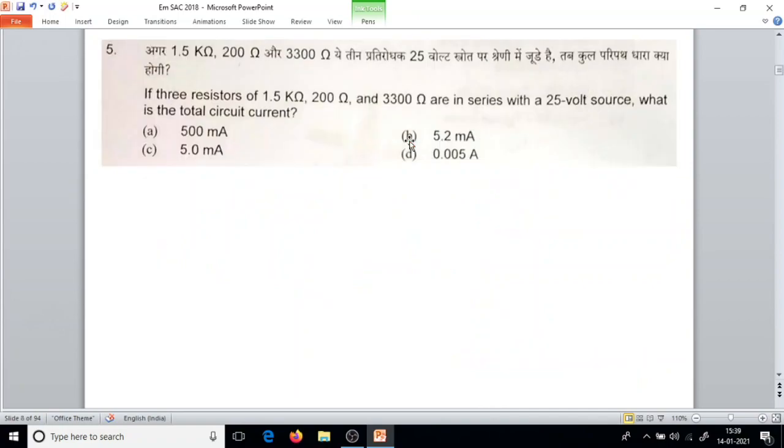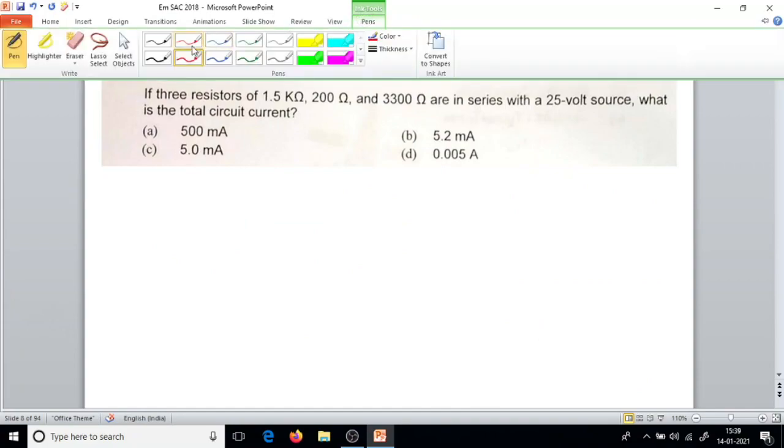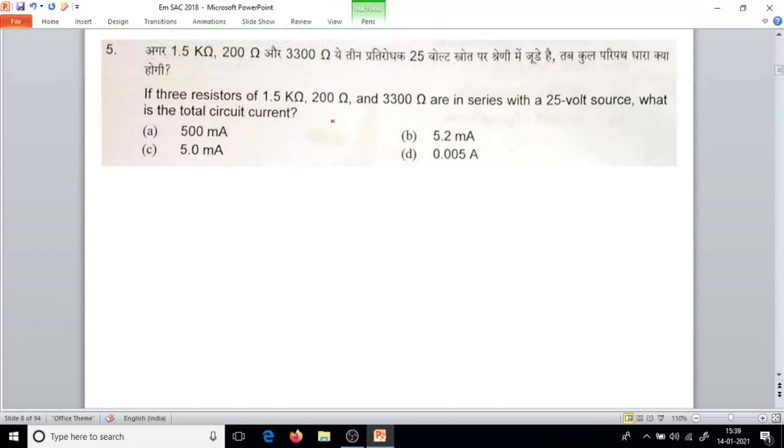Question number 5. If three resistors of 1.5 kilo ohm, 200 ohm and 3300 ohm are in series with a 25 volt source, what is the total current? Total circuit current. That means we have three resistors connected in series.